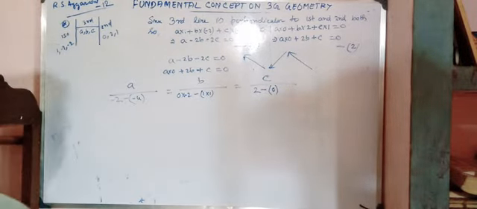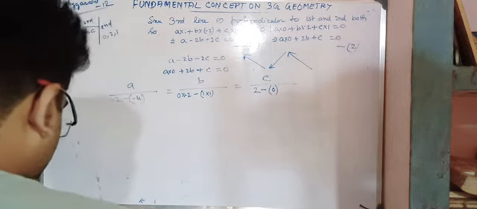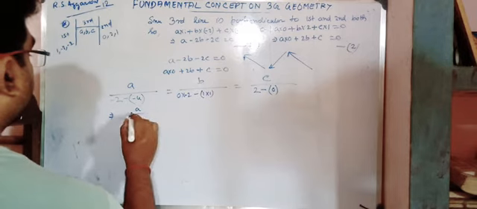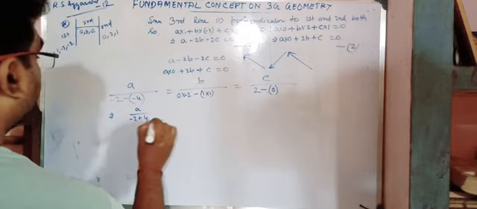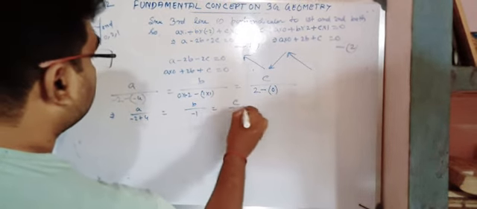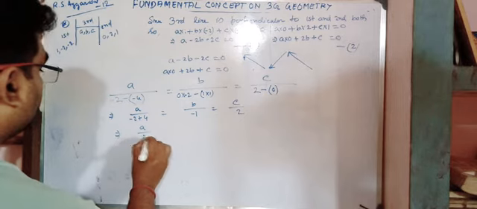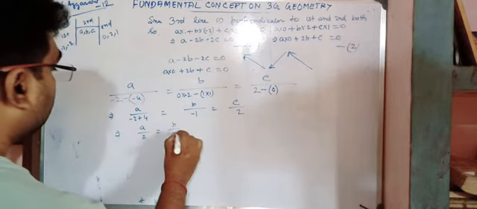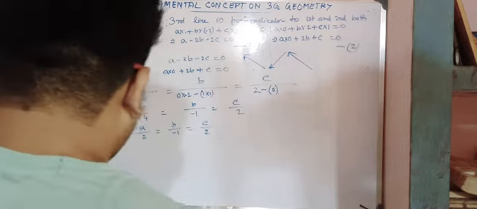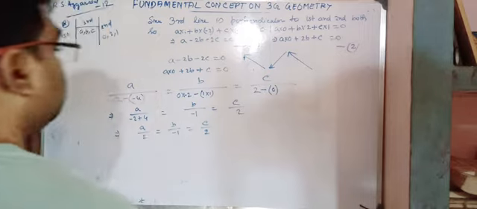So from here we are getting a by minus 2 plus 4 is equal to b by minus 1 is equal to c by 2. So a by 2 is equal to b by minus 1 is equal to c by 2. These are the direction ratios.